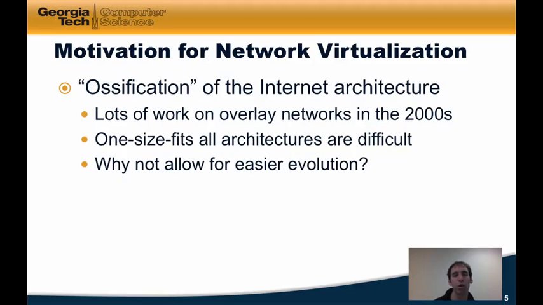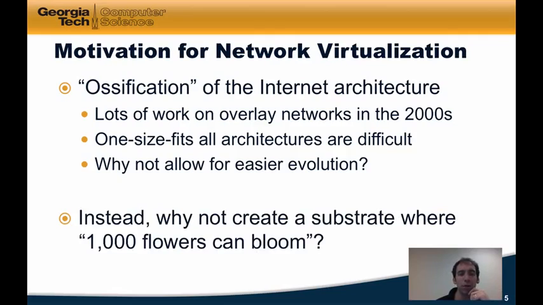In the course of doing this work, many people began to realize that a one-size-fits-all architecture is actually rather difficult. It's very difficult to design a new network that would be everything to everyone. So the motivation then was to provide some kind of infrastructure that allowed network technologies to evolve so that once that platform was deployed, the technologies could evolve on top of that platform independently of the underlying infrastructure.